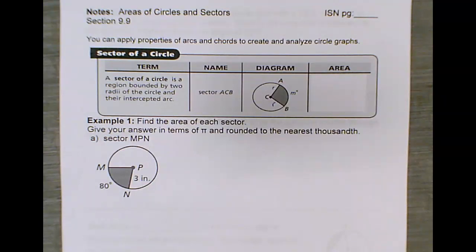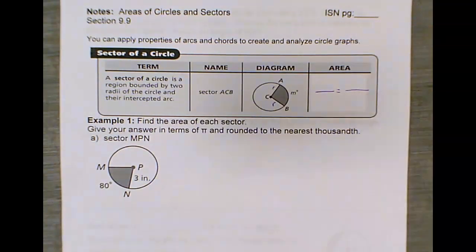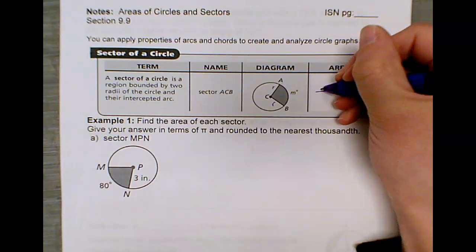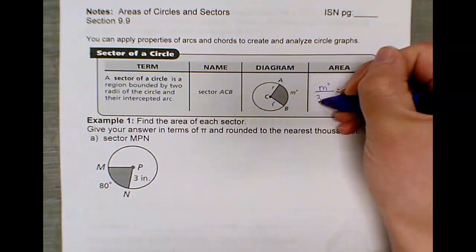So the area of the sector can be found by taking our ideas from yesterday of creating a proportion and applying them to today. But instead of comparing length, we're comparing area. And so we're going to create a proportion. Still part over whole equals part over whole. And we're still going to use the measure of the arc as the part in degrees and the whole circle's degrees as the whole amount.